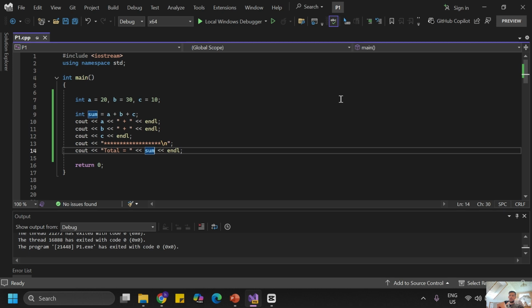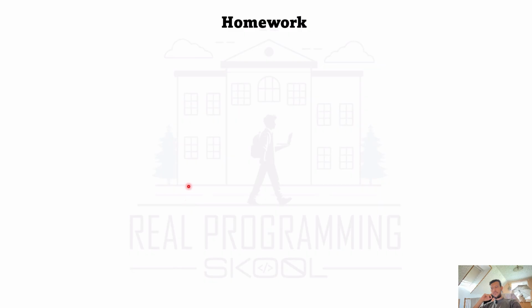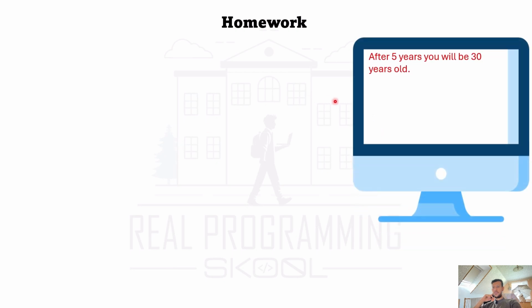Let's go back to the slide and see the last homework that I gave you in the previous video. The fourth homework was to write a program that prints on the console screen: after 5 years you will be 30 years old. And I want you to get the 30 from some calculation: create a variable, assign 25 to it, and after that do some calculation.